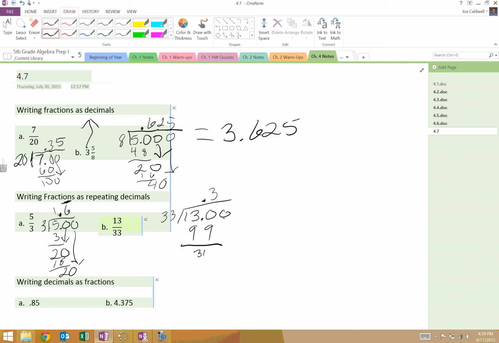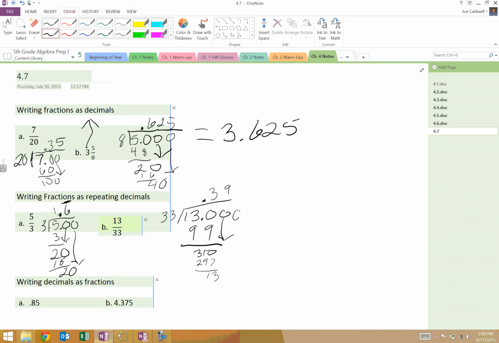Drop a 0 down. 33 goes into 310 9 times, and you get 297. Then it's going to be 13.